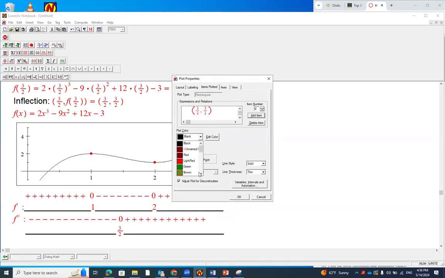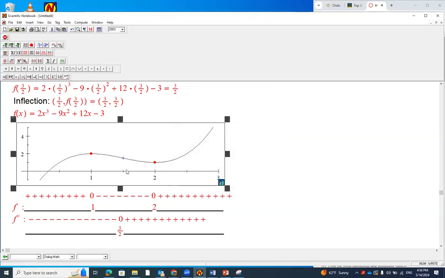I'm going to use a different color, blue. Okay, maybe not a dot, but a cross. You see that blue cross. Okay, that's where the change of concavity takes place.